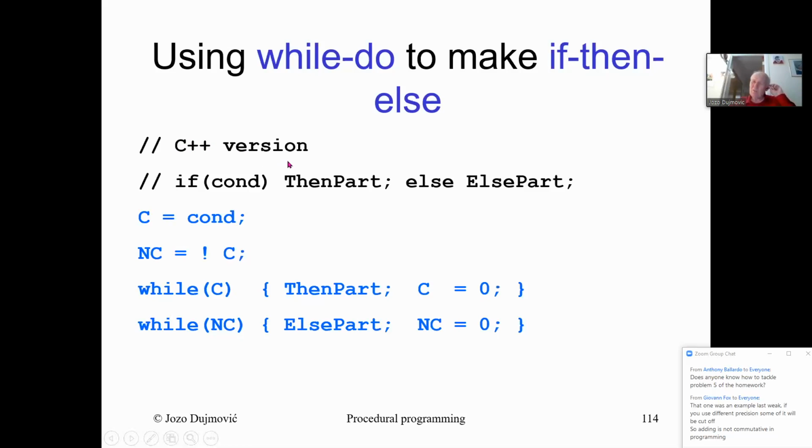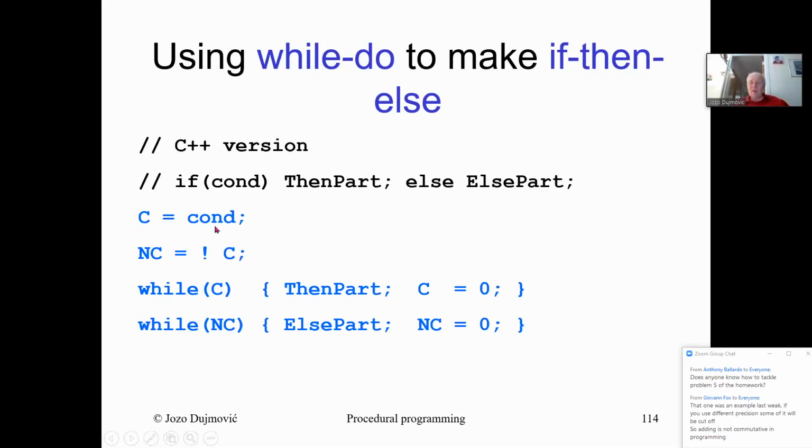Imagine that we have C++ version and we say if condition, and then you have a block that is called then part, else, we have else part, semicolon. So this is the end of this statement. So how to do if condition then part else this part without if statement?